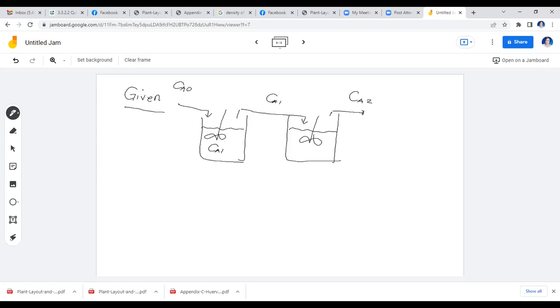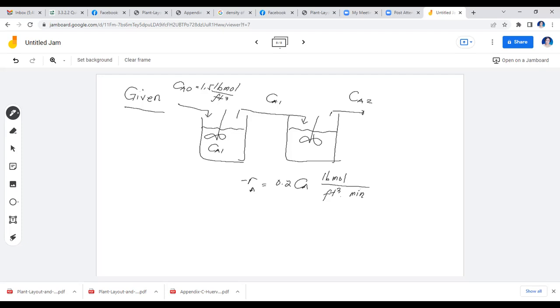Now your CA0 is given at 1.5 pound mole per cubic feet. And the rate law is equal to 0.2 C sub A, working on the unit pound mole per cubic feet per minute.